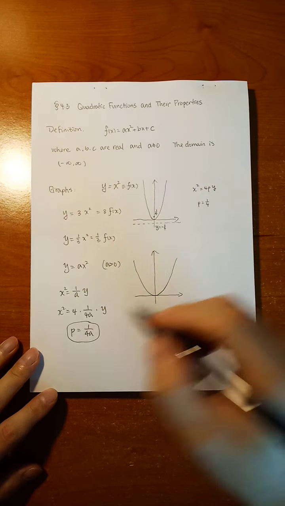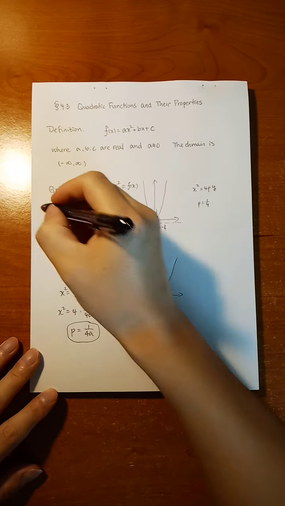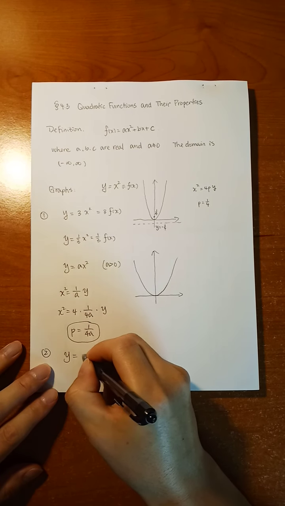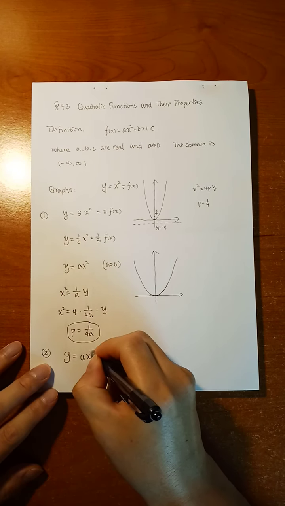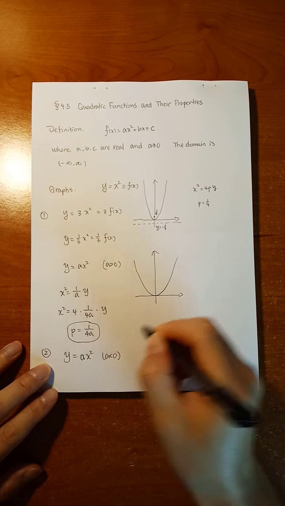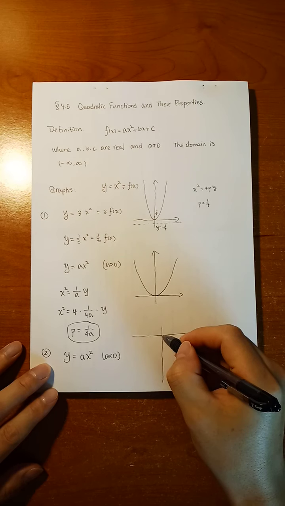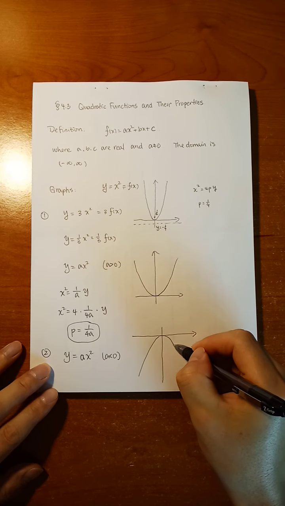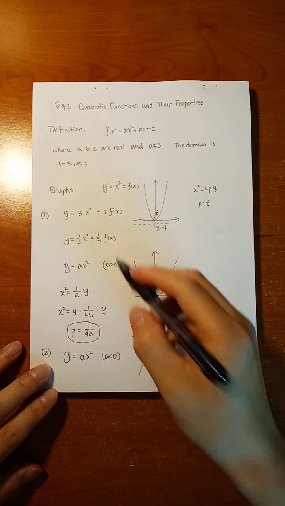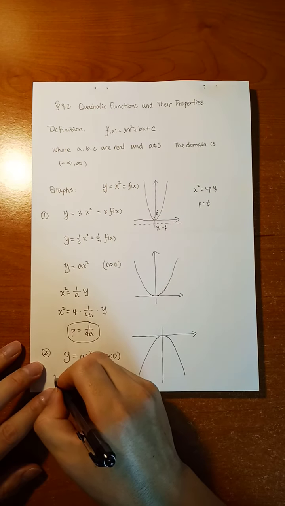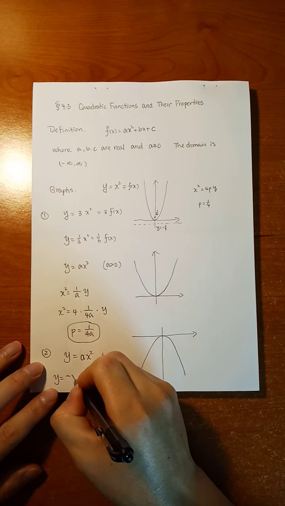If a is negative, remember you have the vertical reflection, because negative means you put a negative sign on f(x), like y equal to negative x squared.